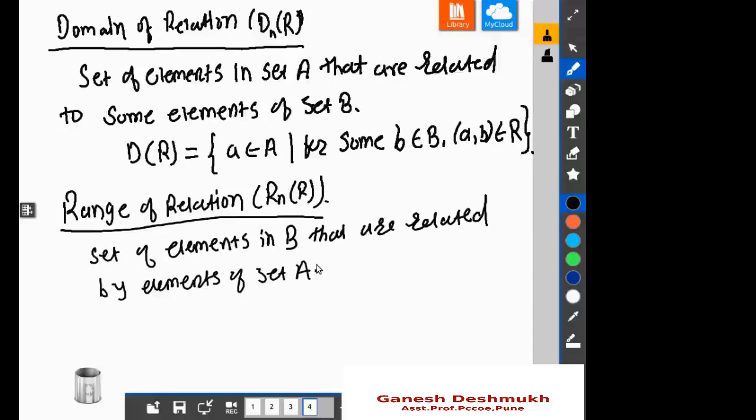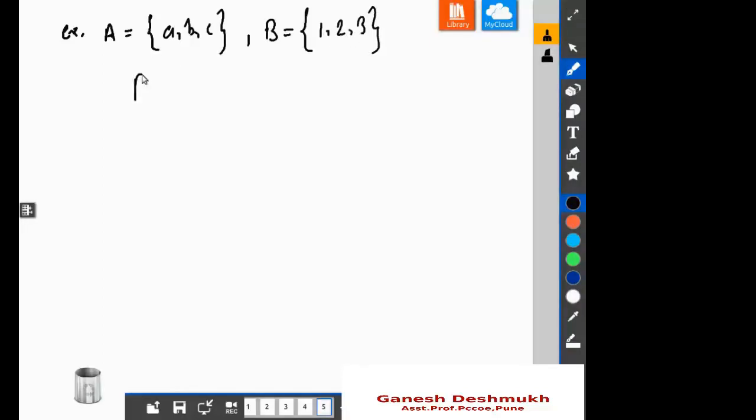So let us understand domain and range by taking an example. Suppose your set A contains elements a, b, c, and set B contains elements 1, 2, 3, and relation R is defined from set A to set B as (a, 1) and (b, 2), only two pairs, let us say.